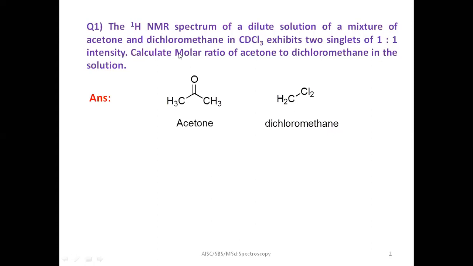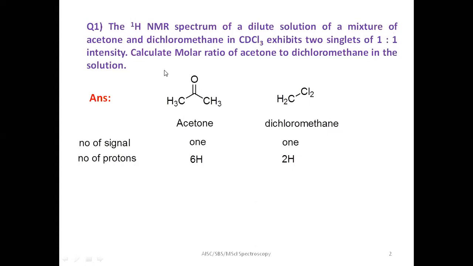If you have an equivalent number of acetone and dichloromethane, then the case will be different. That is 6 hydrogen versus 2 hydrogen, so your intensity will be 6:2. The number of signals in acetone is 1, and in dichloromethane 1, so you are getting 2 signals.